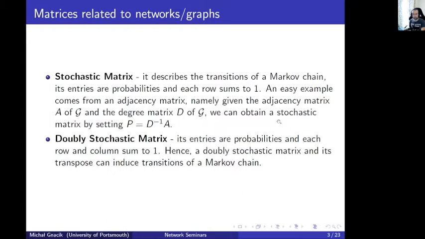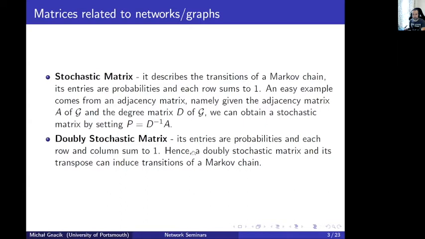You can get a very easy example, but not the most interesting one: if you take the inverse of the degree matrix and multiply it by the adjacency matrix, then you get an example of a stochastic matrix.